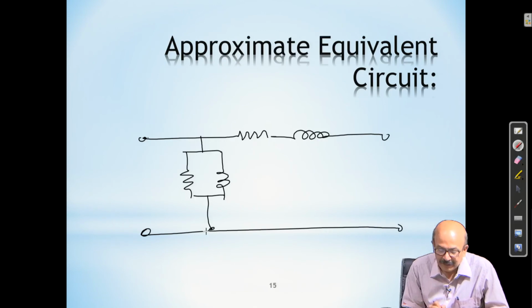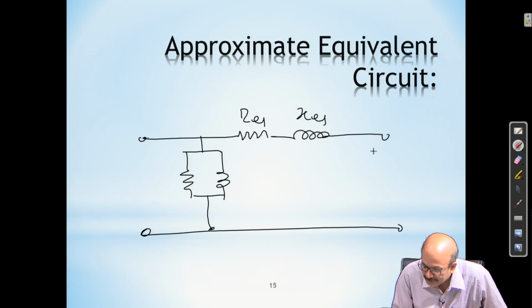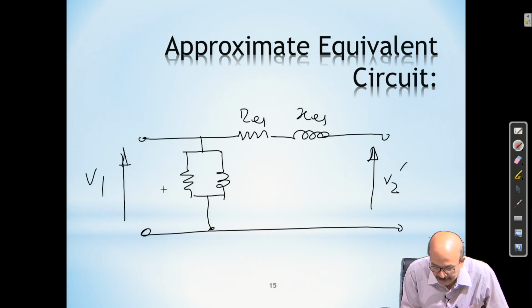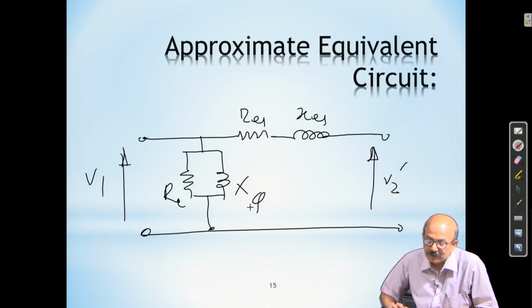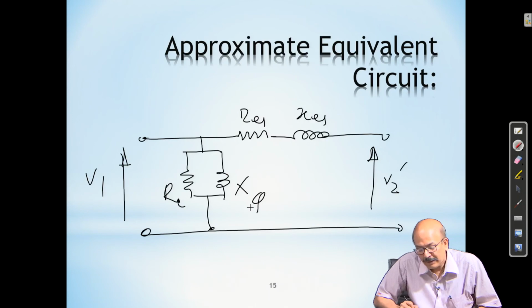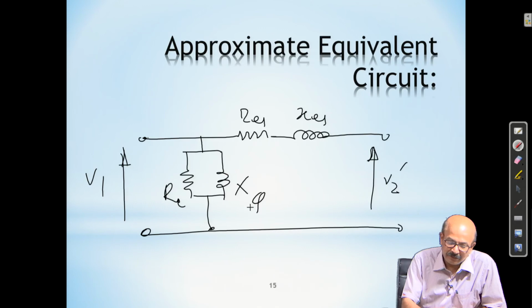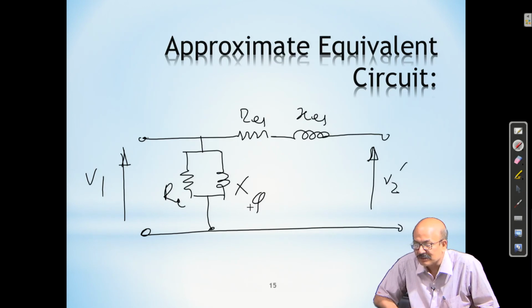So this is RE1, this is XE1, this side is V2 dash, then this side must be V1, and this is your RC, and this is your XM, right? So this is the approximate equivalent circuit of the transformer. Quite often, depending on the situation, we will sometimes consider the shunt branch and sometimes not, and we will explain what we are doing and why.